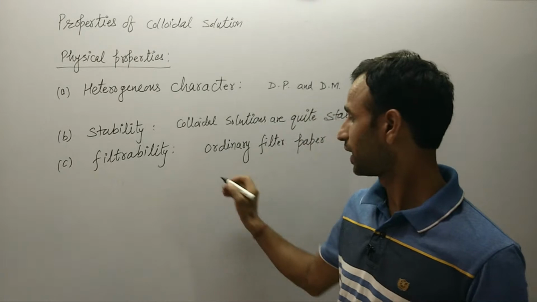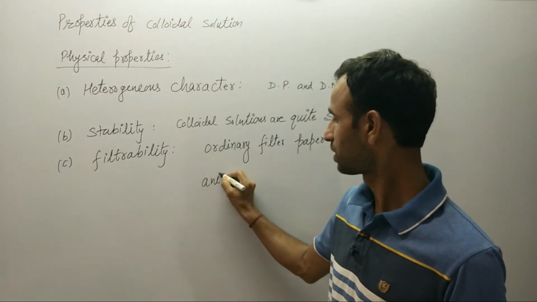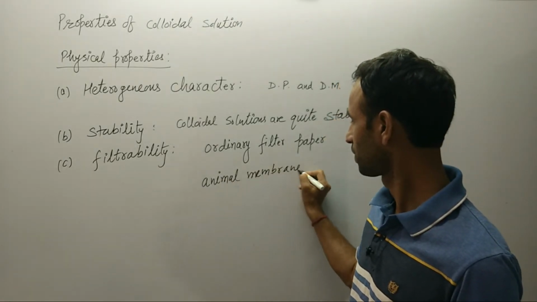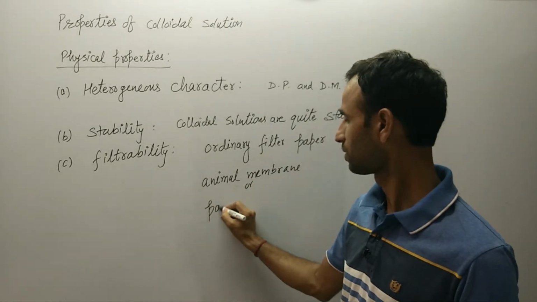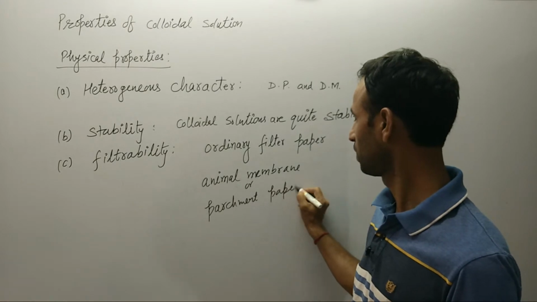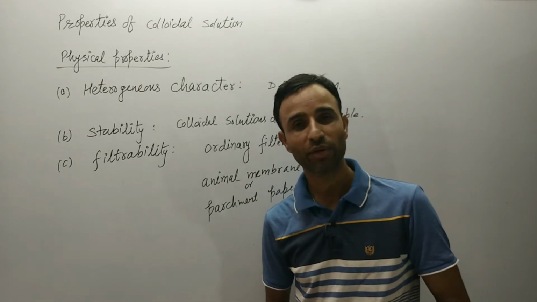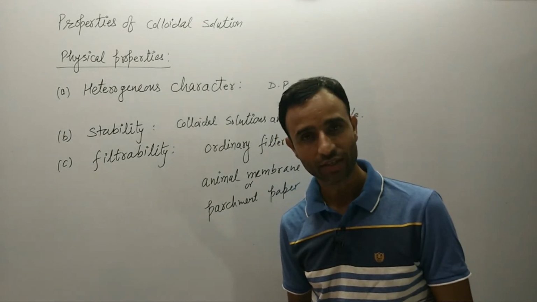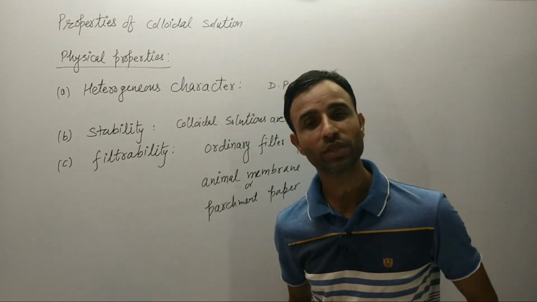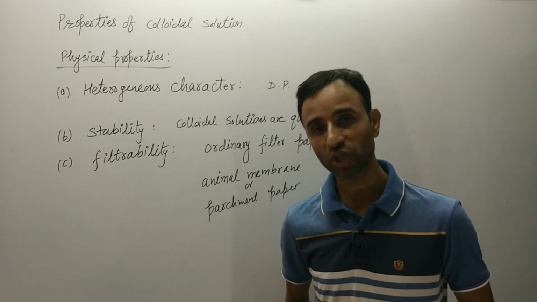But if we use animal membrane or parchment paper or even ultrafilter paper, that you know how do we prepare. Ultrafilter paper is prepared by using Collodion solution, 4% nitrocellulose solution in alcohol ether mixture.